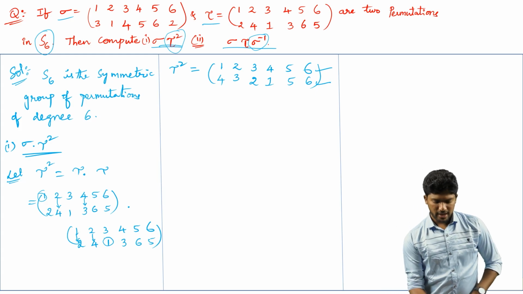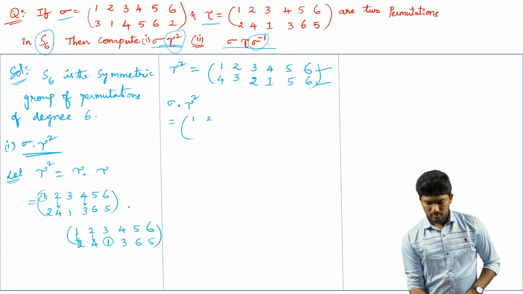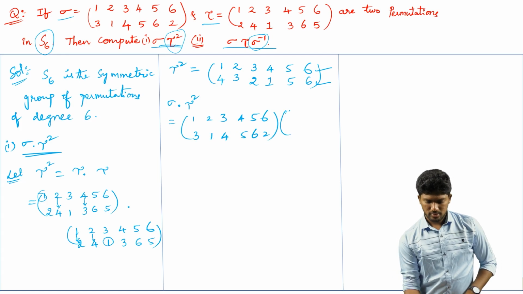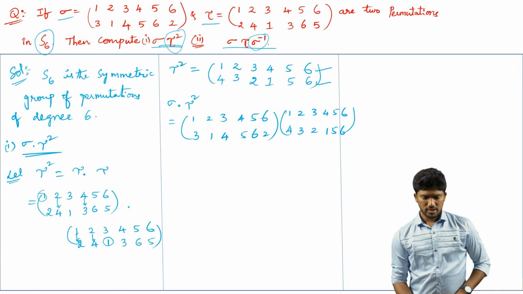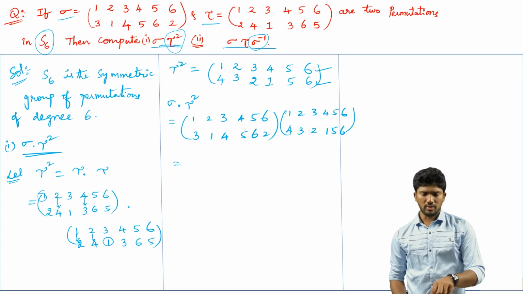Now take sigma into tau square. So what is the sigma value? And again I am writing tau square. So this is the tau square value. Sigma into tau square is equal to, you have to do the same process.